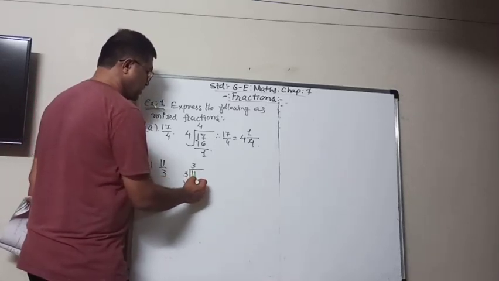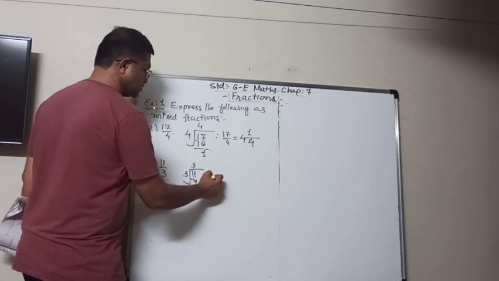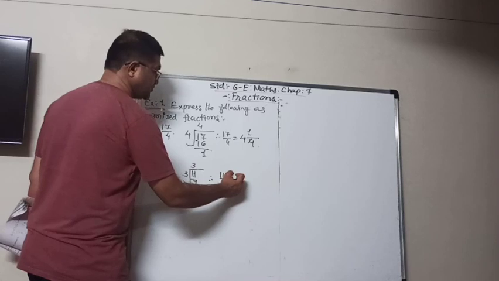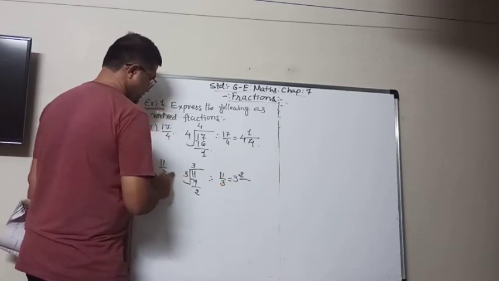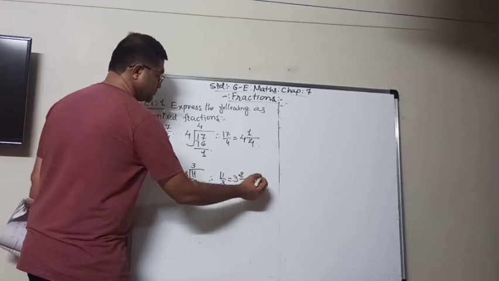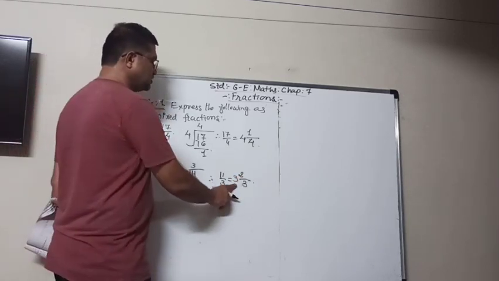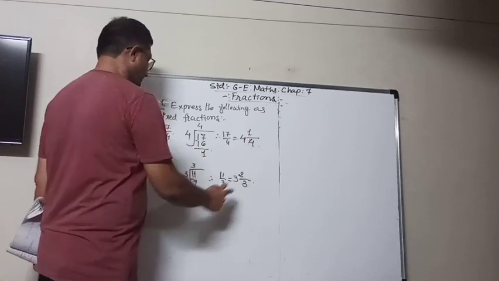So 3 3s are 9, 11 minus 9 is 2. So therefore 11 upon 3 is equal to 3 quotient, 2 remainder, same denominator back. So 3 integer, how we read it? 3 integer 2 upon 3, 4 integer 1 upon 4.